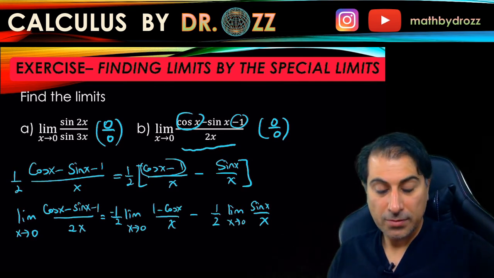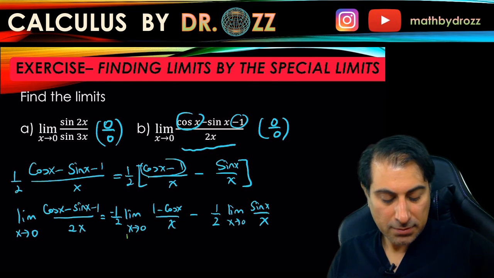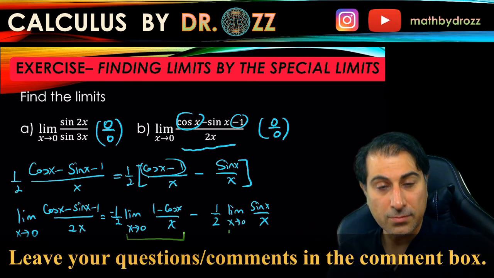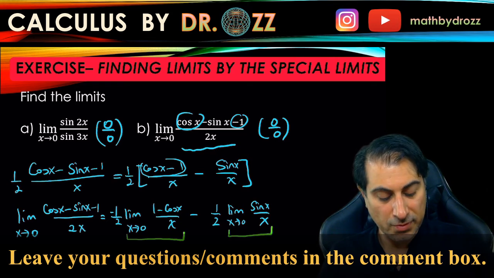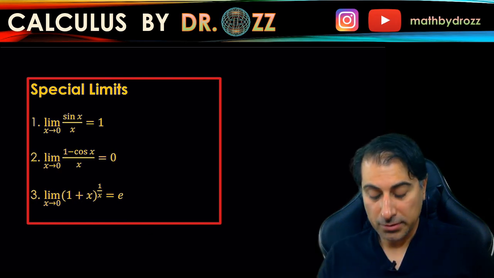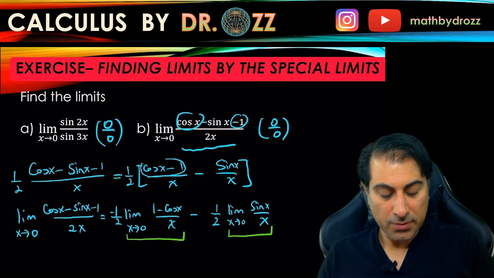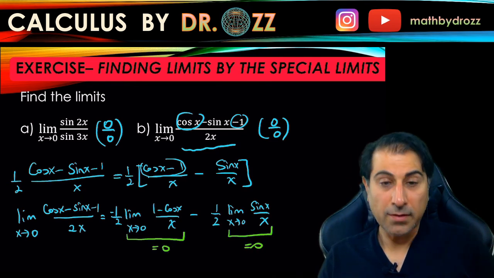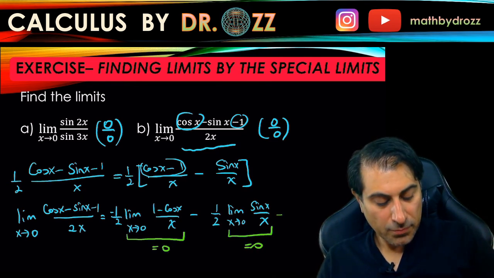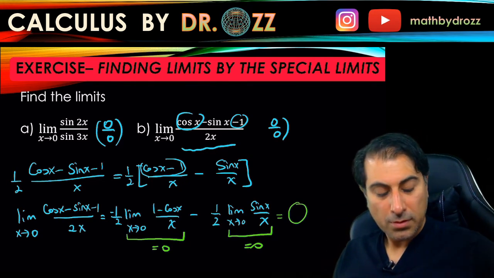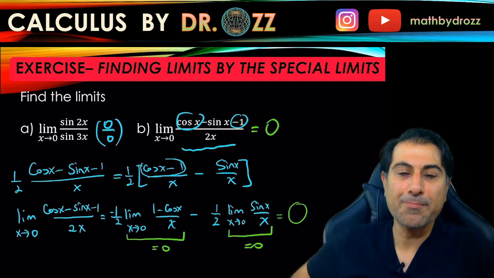Now this is the exact same limit as one of the special limits, and this is the same as the first one, this is the second one, if you go back to the table. So these limits are all 0. There we go, we end up having 0 for the limit value here. So this is equal to 0.